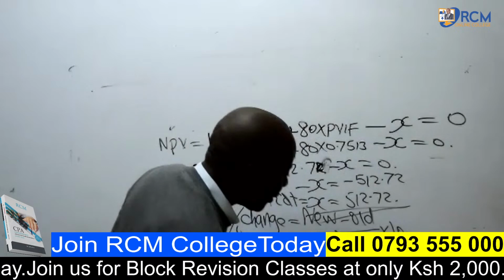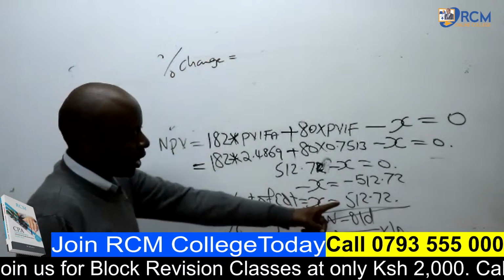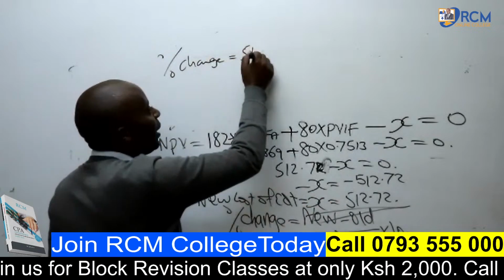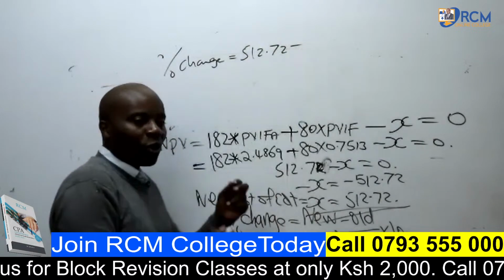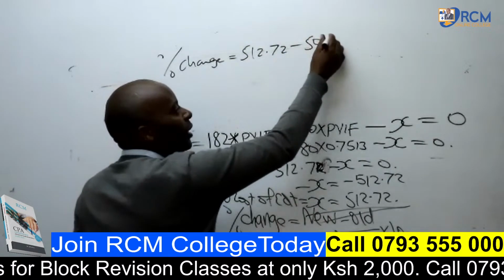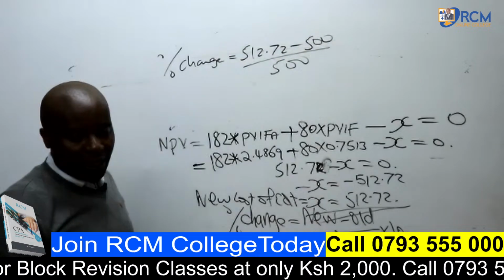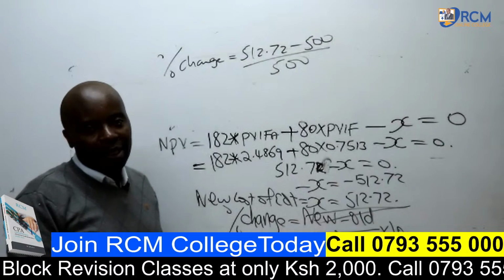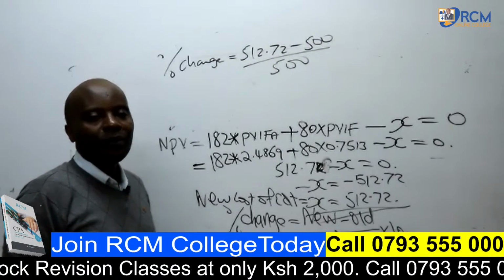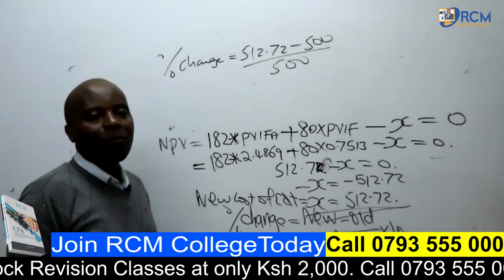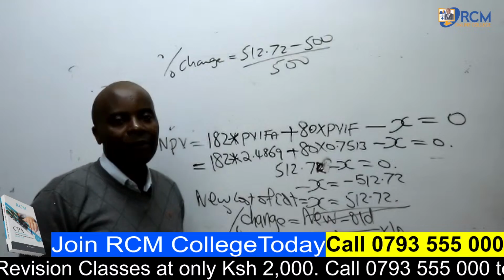So we have our percentage change being equal to the new figure, 512.72, minus the old cost of equipment, which was 500. Everything divided by 500, and then whatever we get times 100%. So could you kindly give us that percentage sensitivity? What figure are we getting there, somebody?